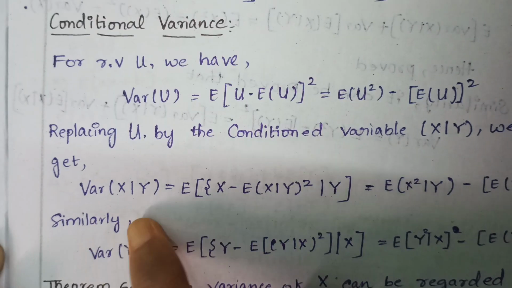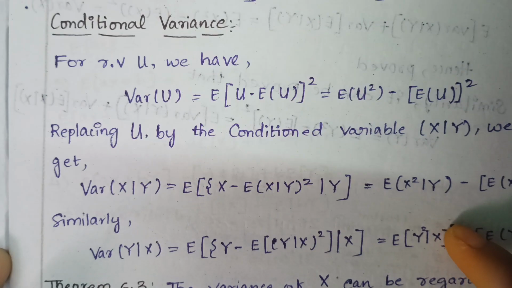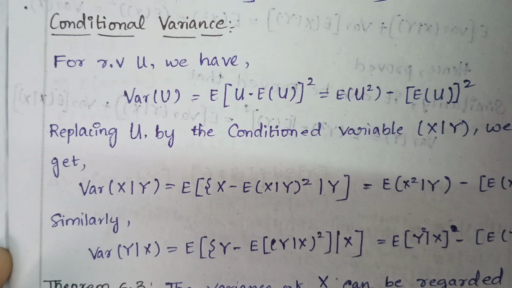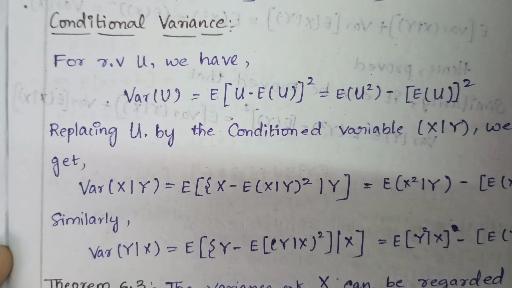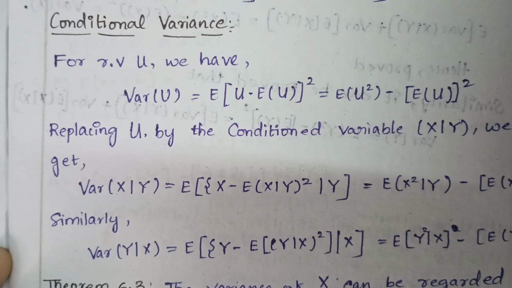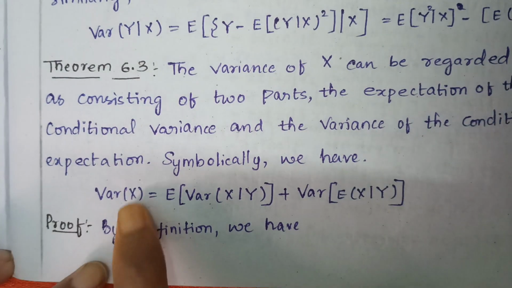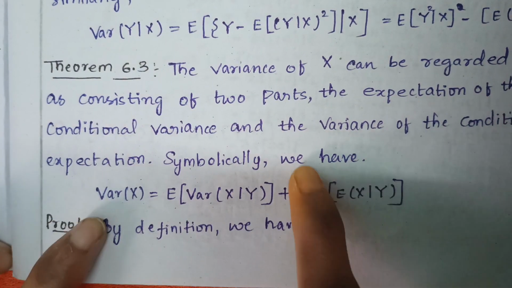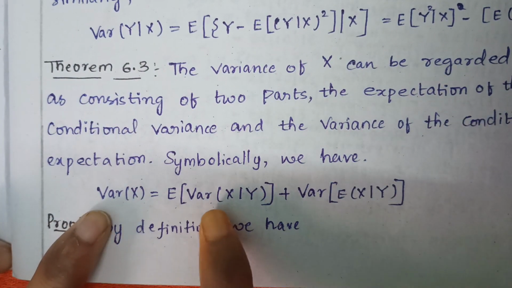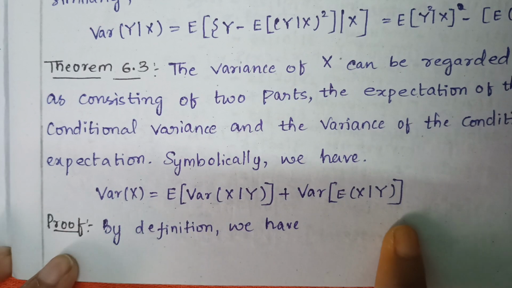Theorem on conditional variance: they may ask what the relationship is between conditional variance and conditional expectation. For that, you need to write this theorem statement and the relationship between conditional variance and conditional expectation.